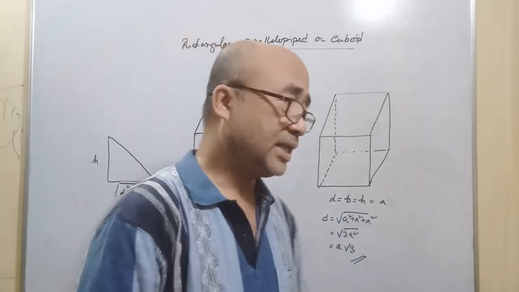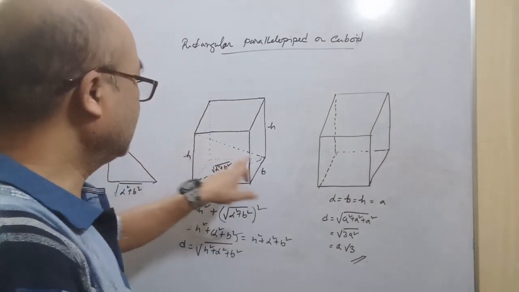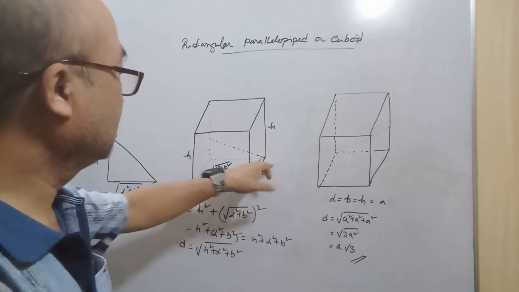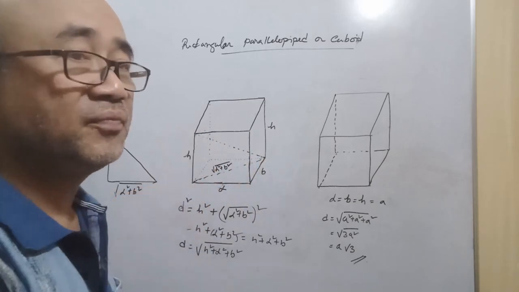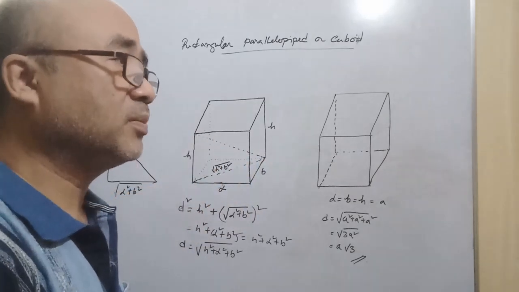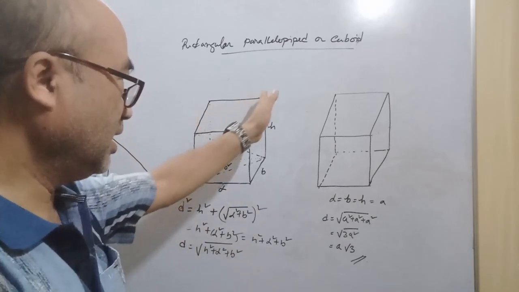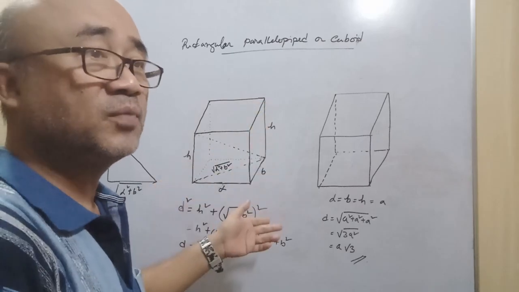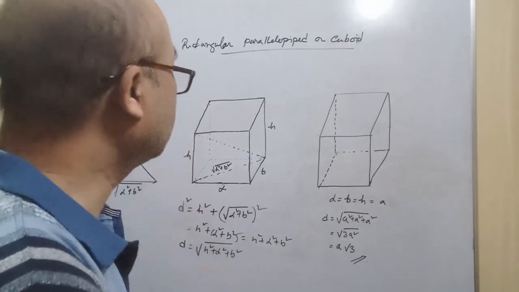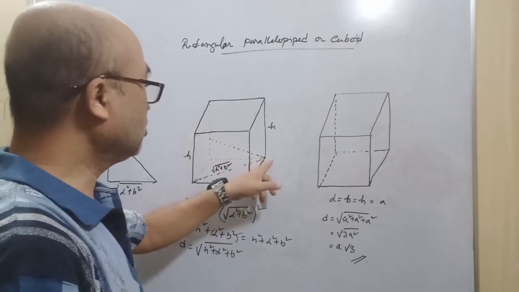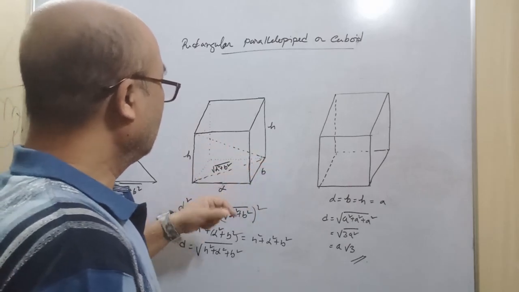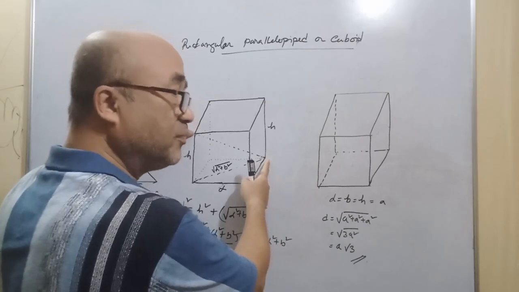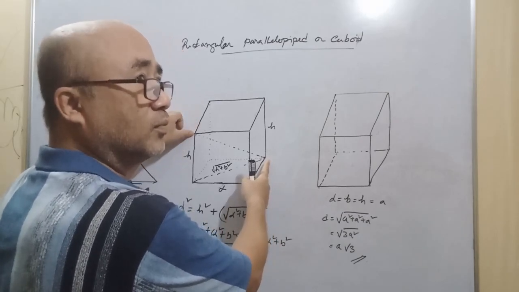So a diagonal like this represents the maximum length that can be fitted inside a rectangular parallelepiped, or if it is a cuboid shaped room, because rooms are usually cuboid shaped, then that gives us the maximum length of the rod that can be fitted inside the room.